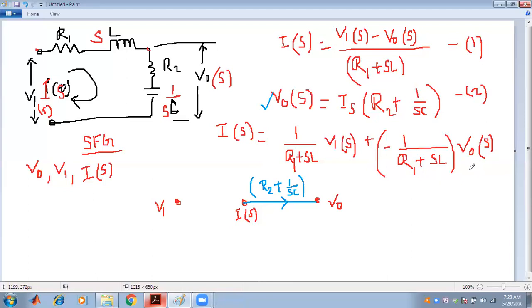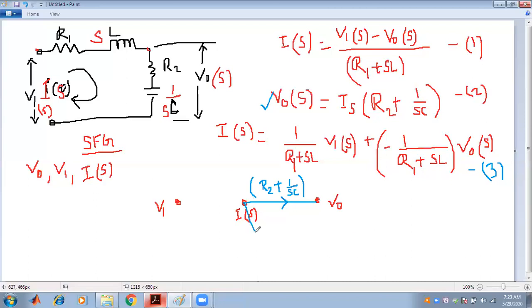Now from that equation 3, you can find what is the Is. Is is that V0 multiplying with minus 1 by R1 plus SL.